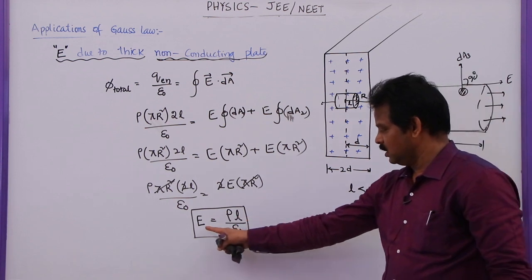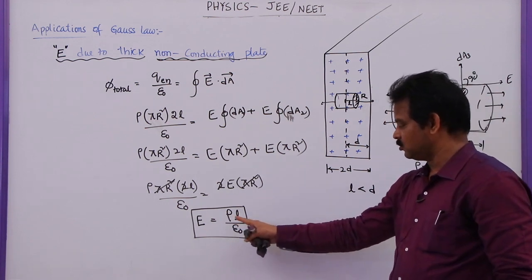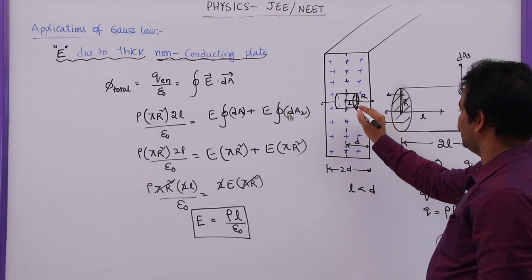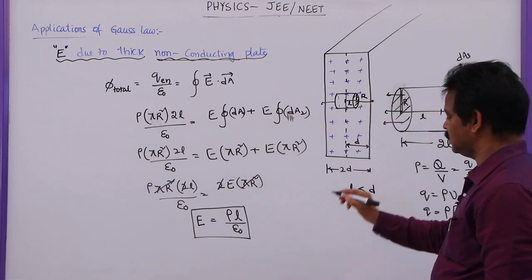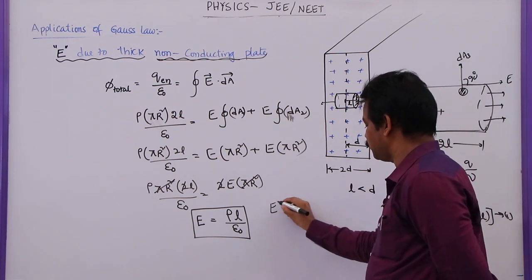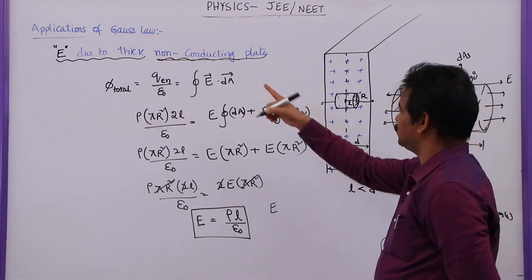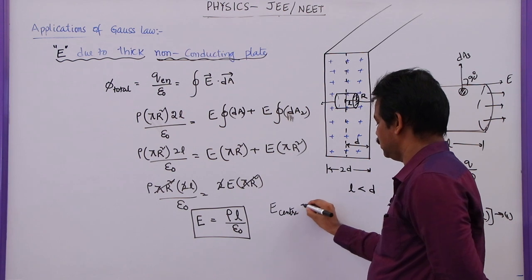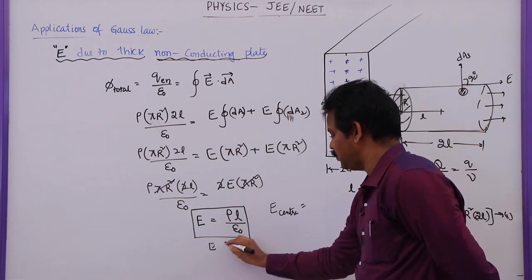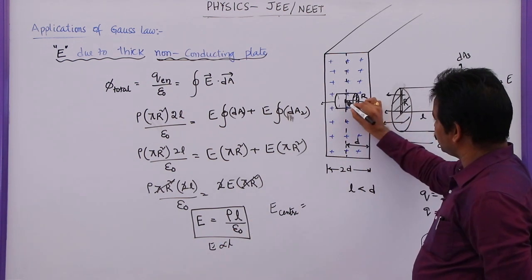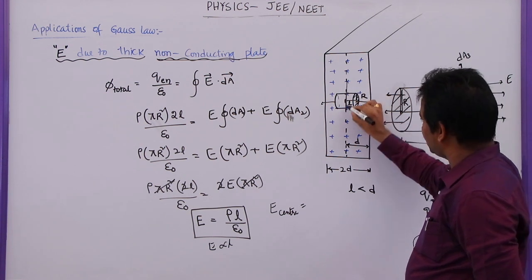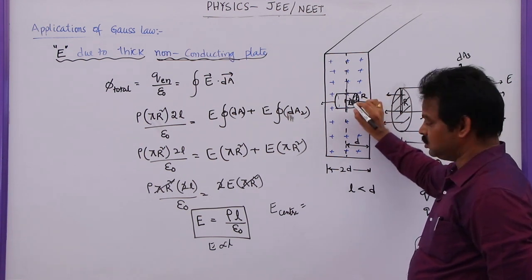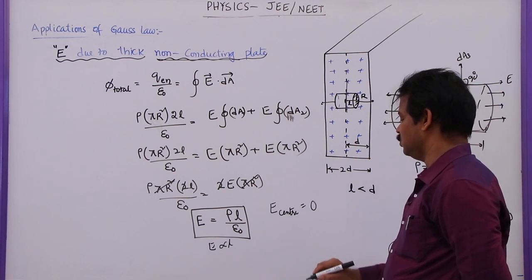So from this we can say the electric field is directly proportional to L. That means if L increases, the electric field also increases. So what is the electric field at the center of this thick non-conducting plate? As E is directly proportional to L, from this axis to this point the distance is 0, so E at the center will be 0.